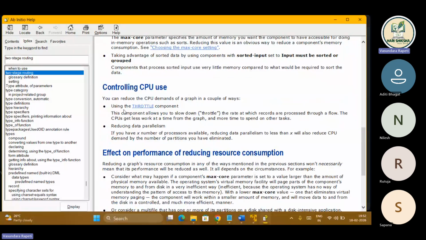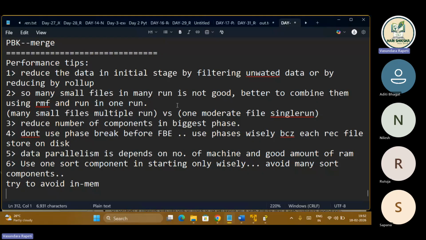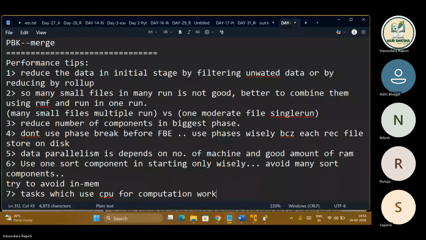Then CPU usage. Use the throttle, right? CPU-related, computing-related things are there which use computation. So already it is said that for computation work, the tasks which use CPU for computation work. Ab Initio is famous for high computation work, like algorithms.